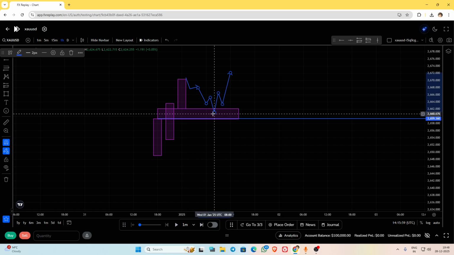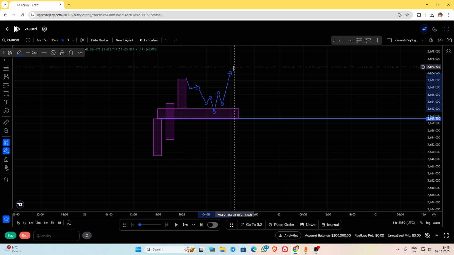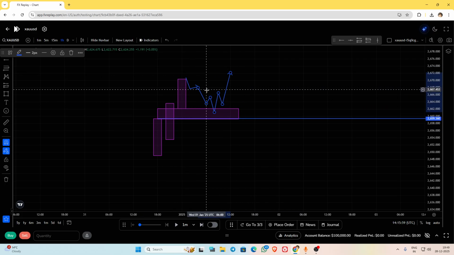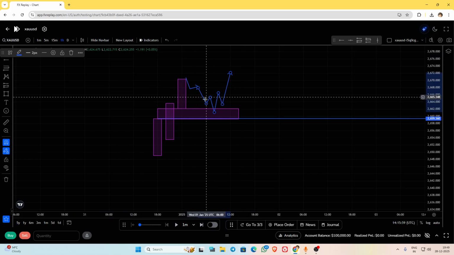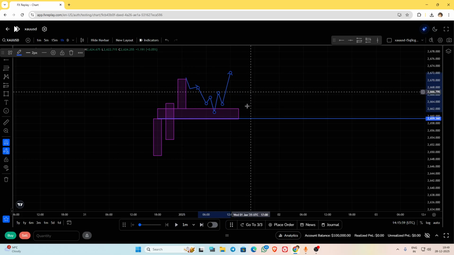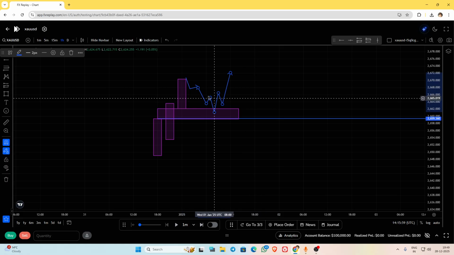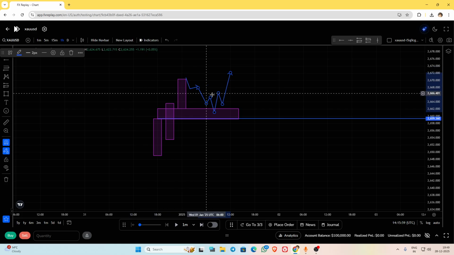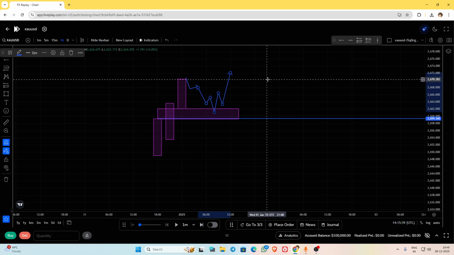When the market sweeps this and gives us a change of character, then we will take the trade towards the DOL. These are the only two scenarios we are going to use, and we will target 1.5R, and also we are not going to break even. We will only trade either hit stop loss or take profit. So let's start.